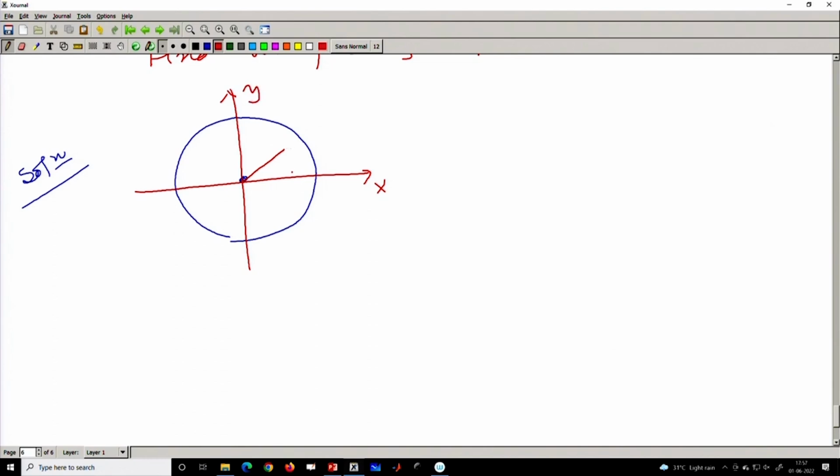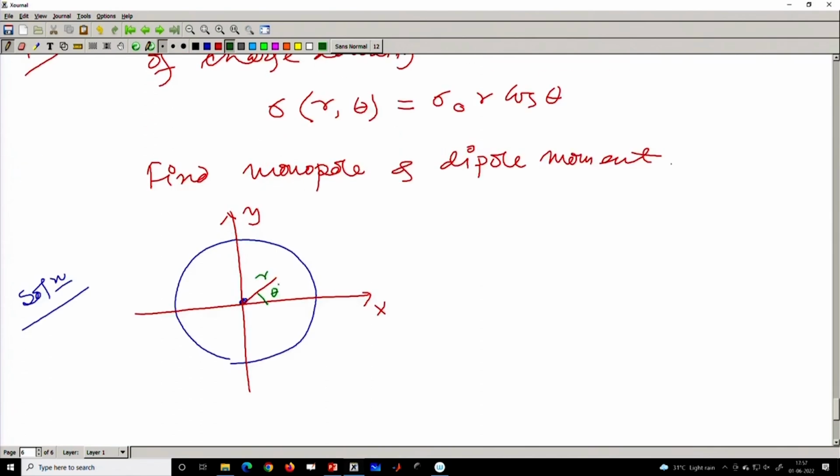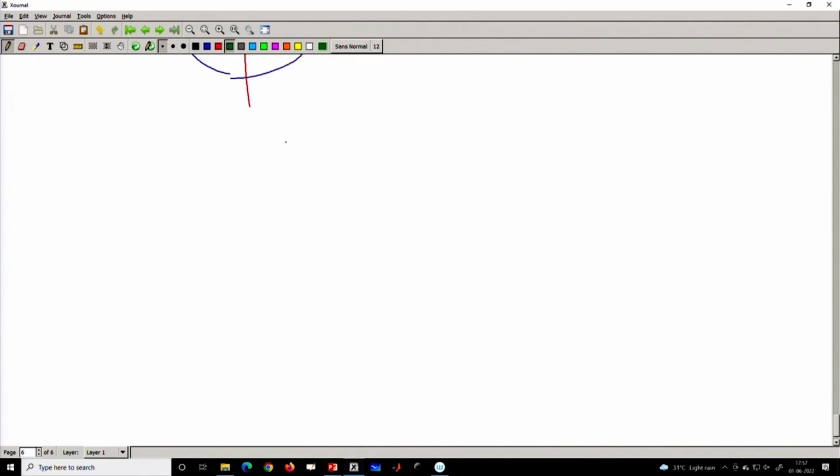So, at this point, this is say r and theta, the value of the surface charge density is given as a function of r and theta. So, r is changing, also sigma is going to change, theta changes, sigma also changes. So, I need to take care of that issue.